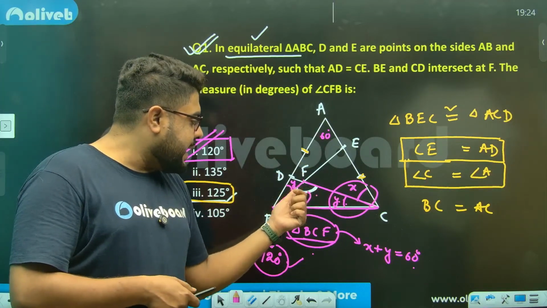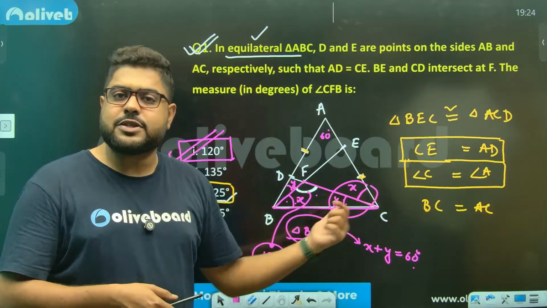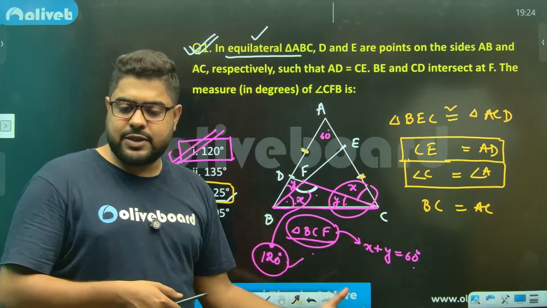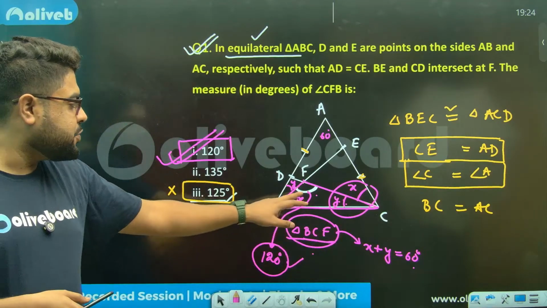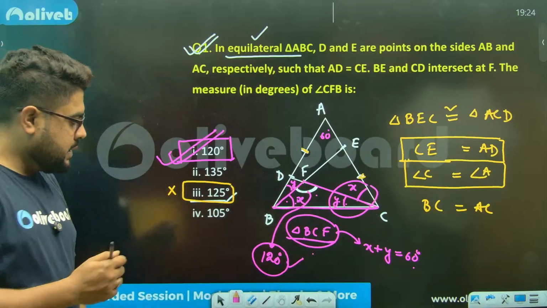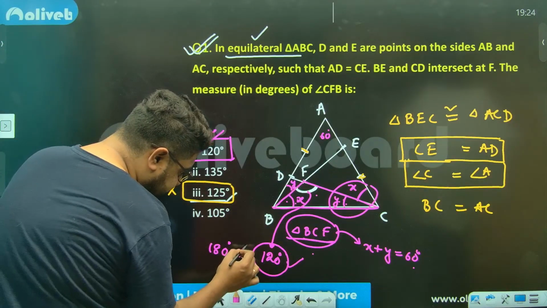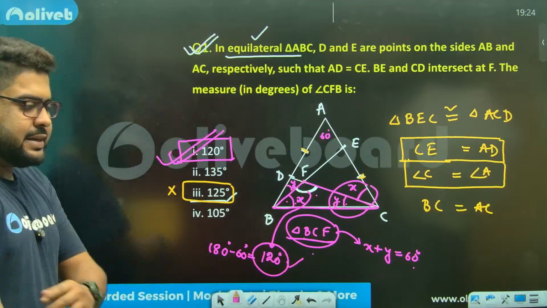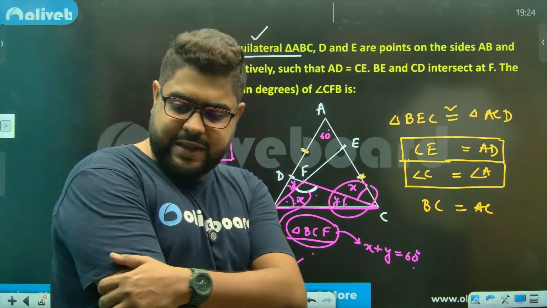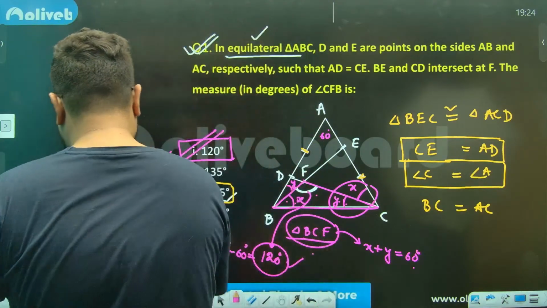So this angle has to be 180 degrees minus (x plus y). Since x plus y is 60, it is 180 degrees minus 60 degrees, so this angle has to be 120. That is how it is. Perfect. Chalo.